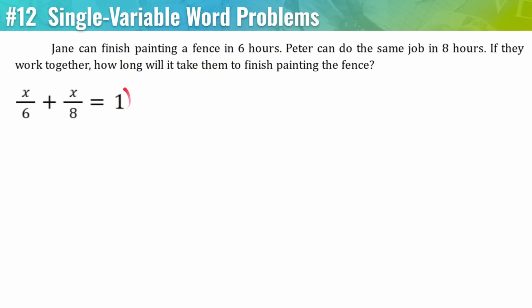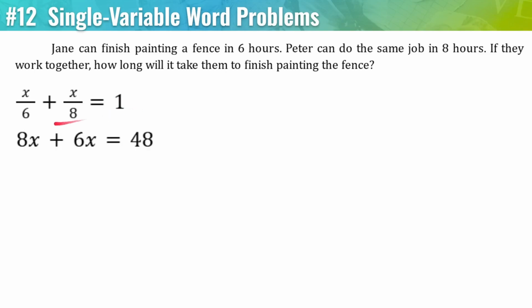So this will be our representation. 1 is the entirety of the work, the 100% of the work. x over 6 is going to be how much work Jane can finish in x hours. x over 8 is going to be how much of the work Peter can do in x hours. So in total, this is the work they can do in all of the hours. It's equal to the total work.